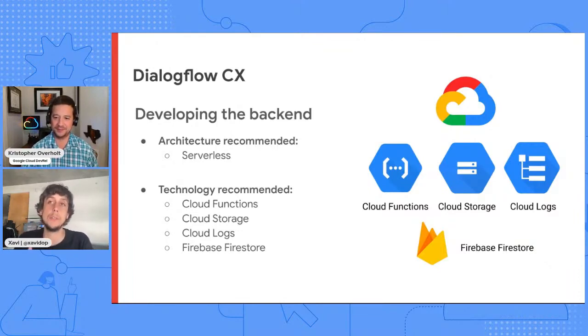Since we are in Dialogflow CX, we are under Google Cloud, so the recommended architecture uses Google Cloud products. But you can use other products, for instance MongoDB to store information, and other types of storage, and other logging and monitoring solutions like Sentry.